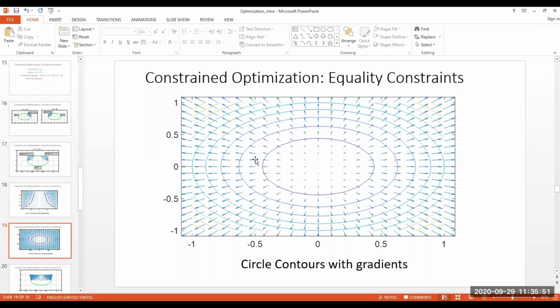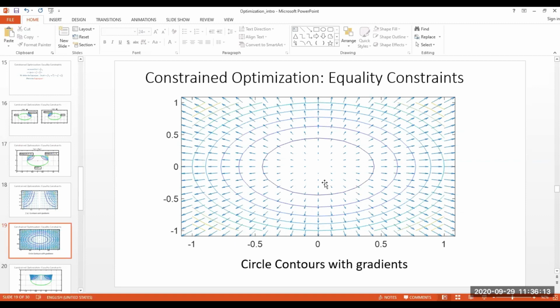For our example case, can you find out which circle is of interest? The outer one, yeah, this one. This one is basically your x1 square plus x2 square equals 1.